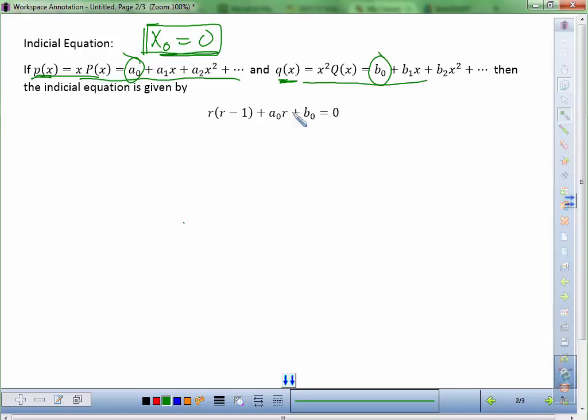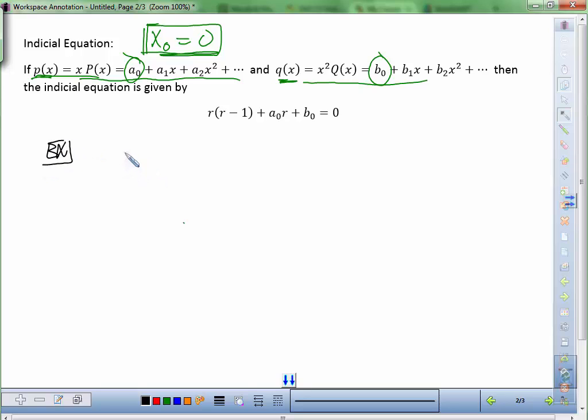Okay? All right, so before we move on, maybe we could do a quick example of finding the indicial equations. And this is one of the first differential equations we're going to look at. So let's do an example real quick.